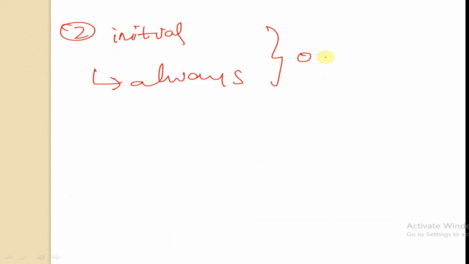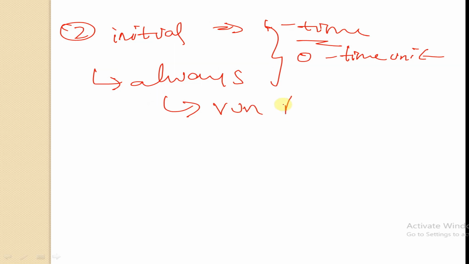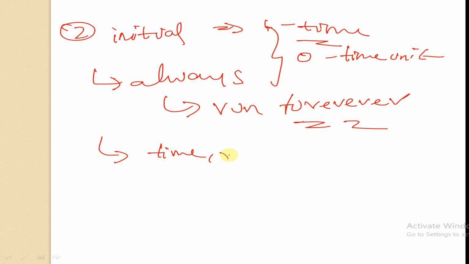Initial and always both start at 0 time units. Initial will run only one time during the simulation, whereas always will run forever until the simulation ends. And the data types which can be used inside initial and always are time, reg, integer and real.